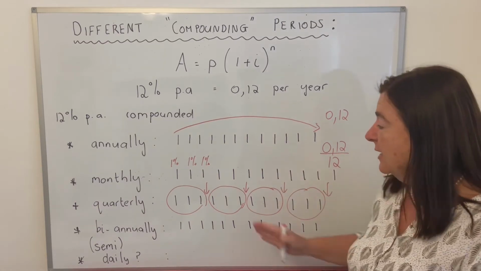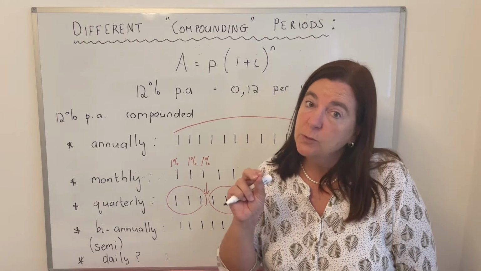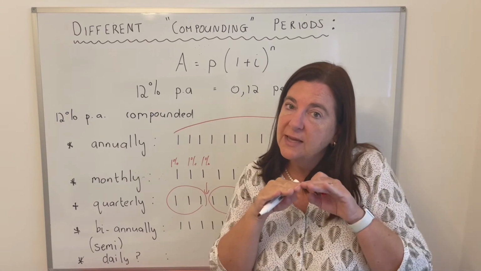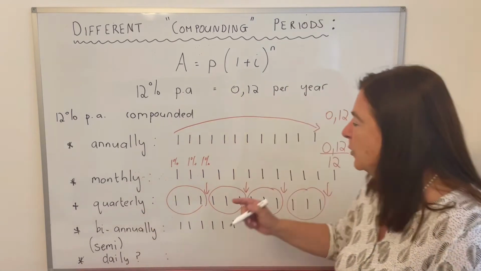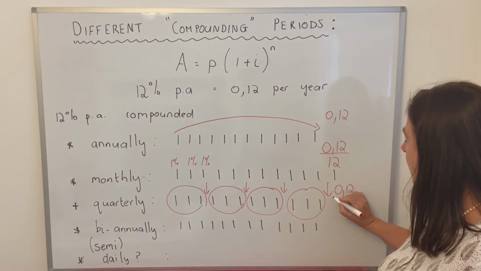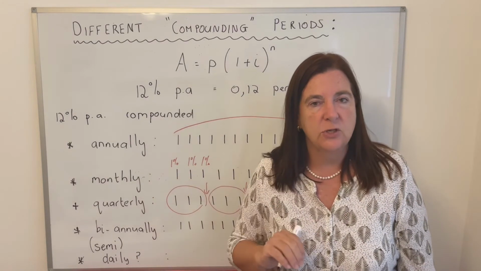So at 4 times within the year I'm charging interest. So that 12% is divided by 4, because it's charged 4 times within the 1 year per annum. That's going to be 12%, which is 0.12, over 4.